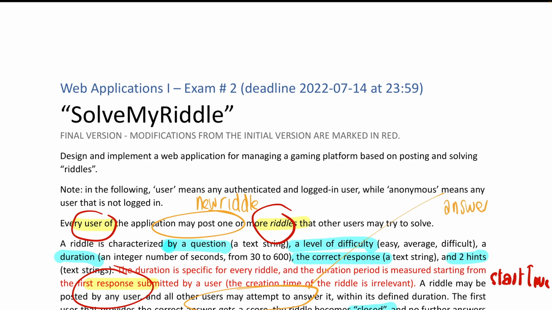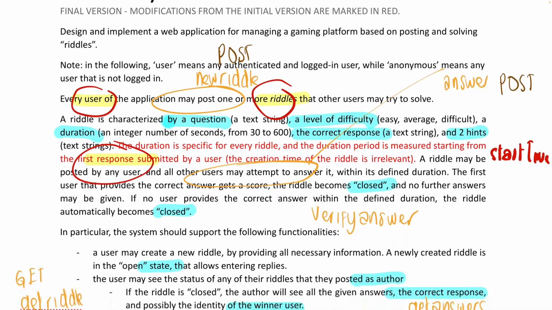The get, post, delete, or what is the other one? Put. So in this case, it is new riddle. As we can infer that it requires information to be passed, we might say this is a post. This one that is providing an answer, we can say for sure it will be a post.